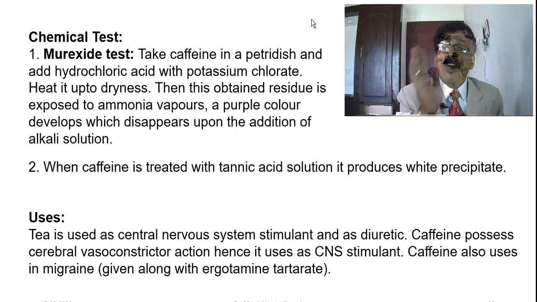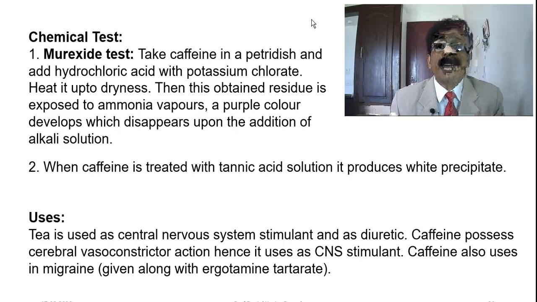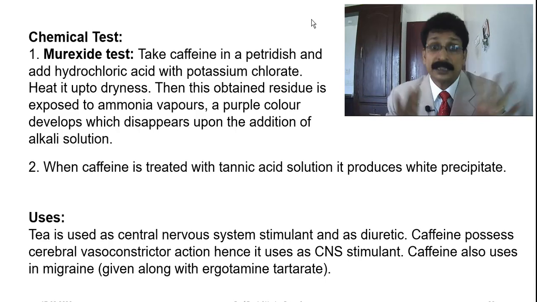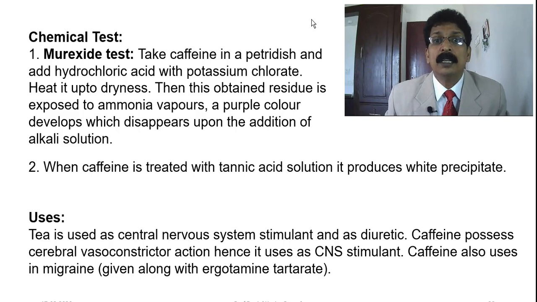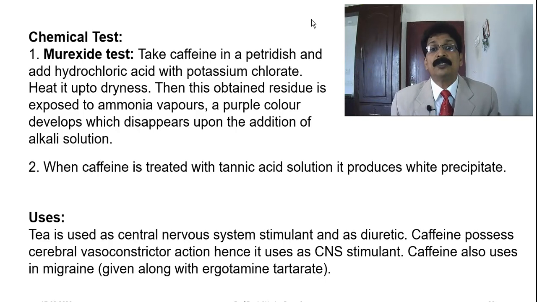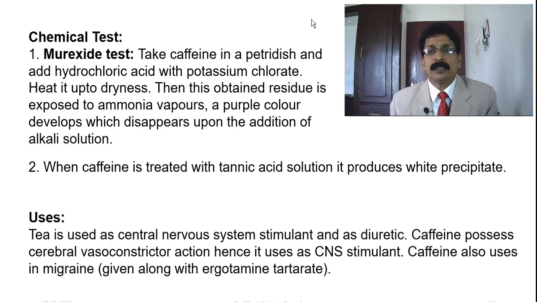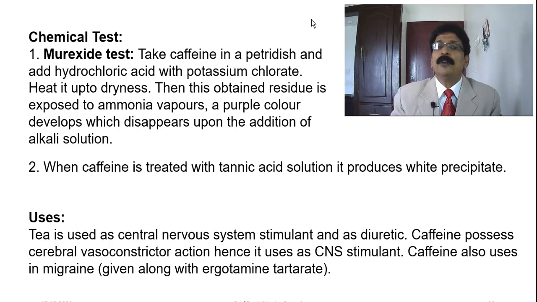When the vapors fall on this dried residue, what will happen? Purple color develops and disappears. You have to observe immediately, and upon the addition of alkali solution it will disappear. Any alkali solution, sodium hydroxide or even ammonia solution, if you add, it will disappear.